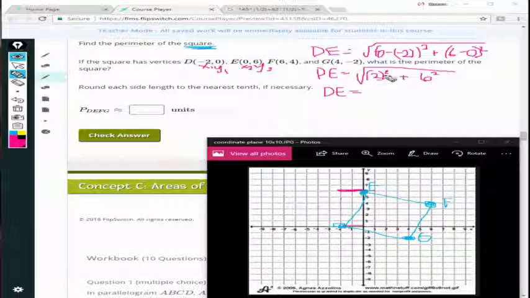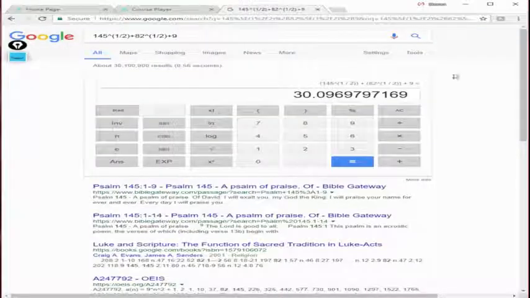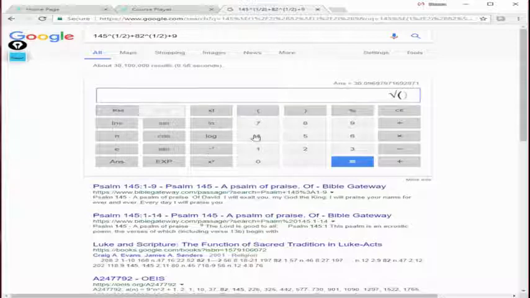So 2 squared is 4 plus, so I'm going to have the square root of 4 plus 36, because 6 squared is 36, and 4 plus 36 is 40. So what is the square root of 40? I'm going to come over here, square root of 40, and that equals 6.32.